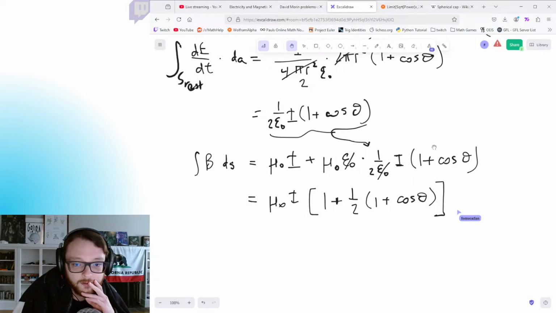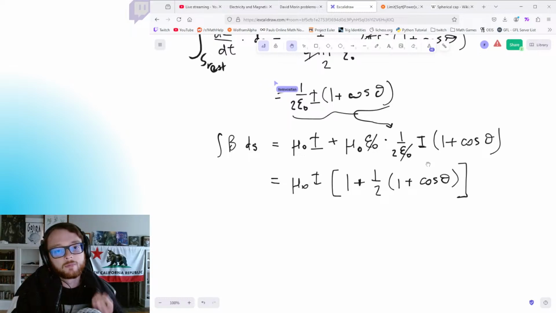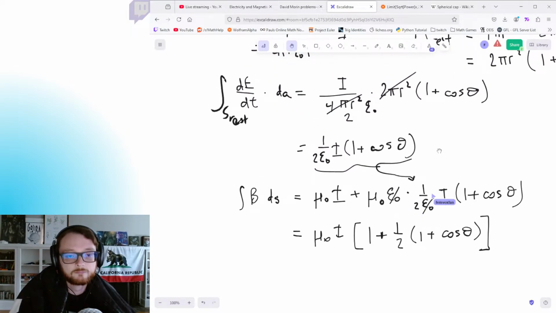Oh, I see what you're saying. So there should be a minus in here. I see. So is that going to fix this problem? Let's see. I think you're right, we do need a minus sign. It might work out now. This is the whole minus you were talking about with the orientation of it, right? Exactly, yeah. Okay. So where do I put that?